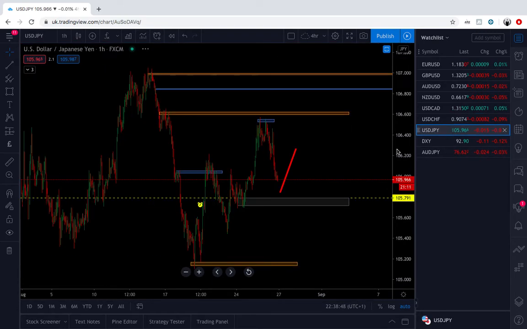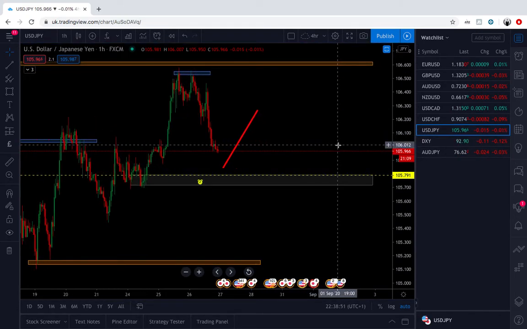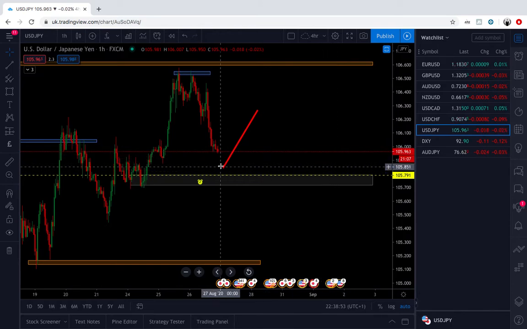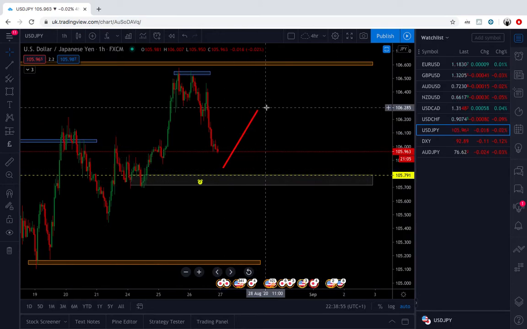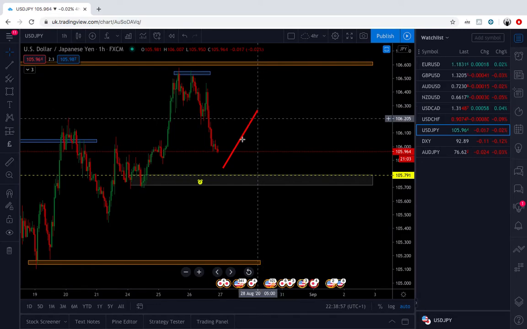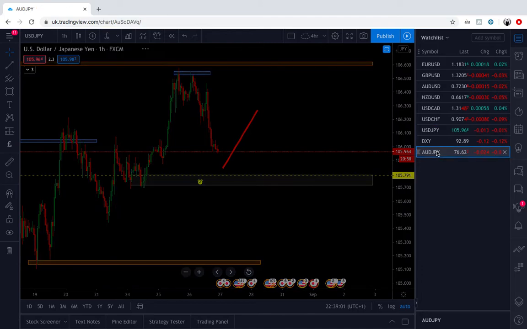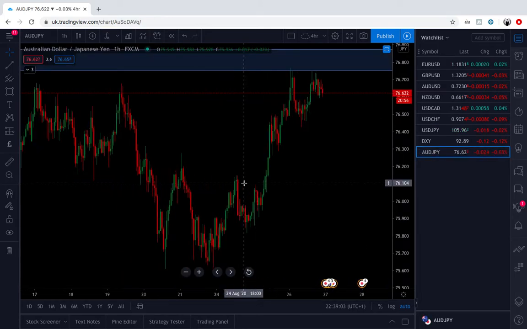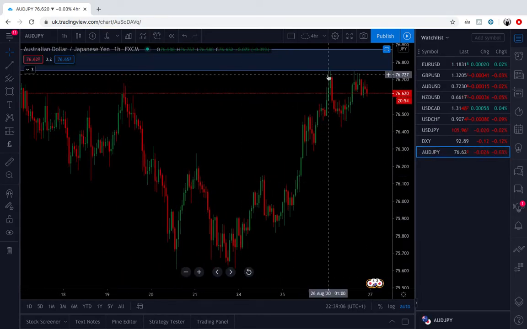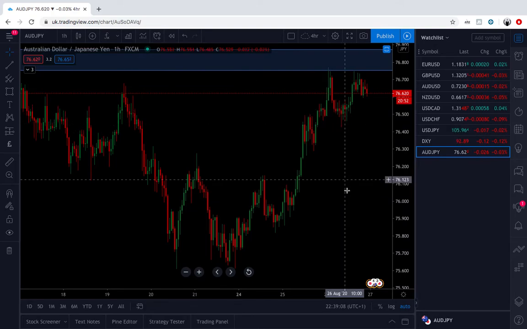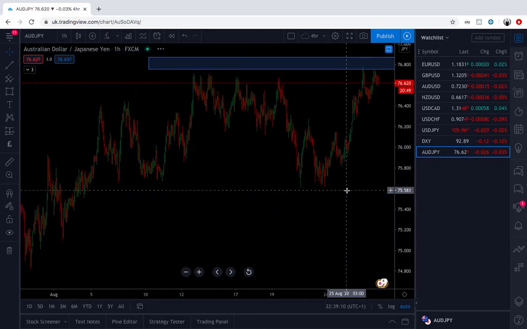And USD JPY we've been through already. So with UJ, if it gives me an entry, I'm looking to buy somewhere around here. And yesterday I took this AJ as well, AUD JPY. I took this from there to there, and I exited somewhere around here. So that was a good one as well.